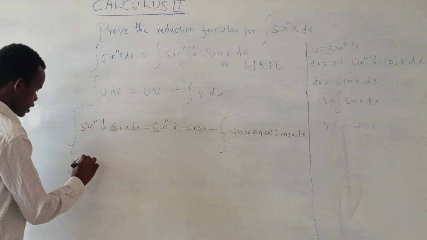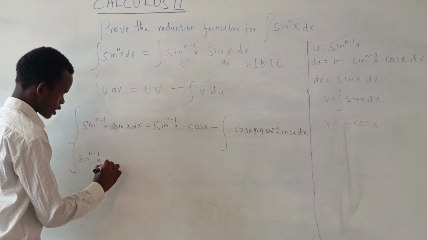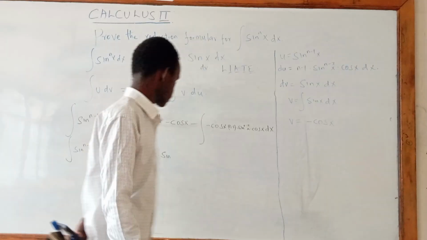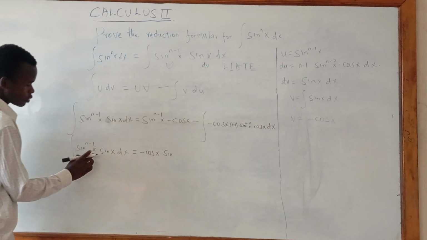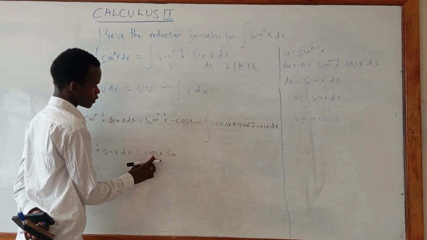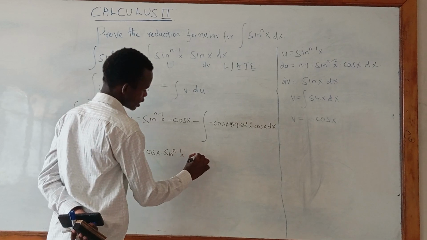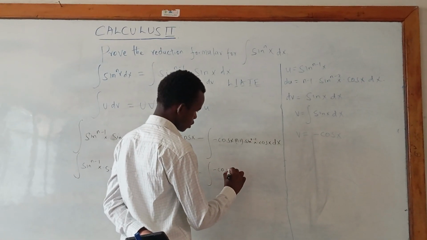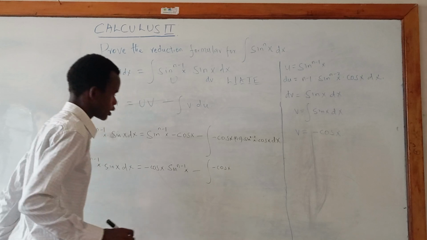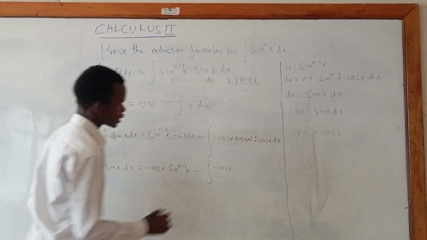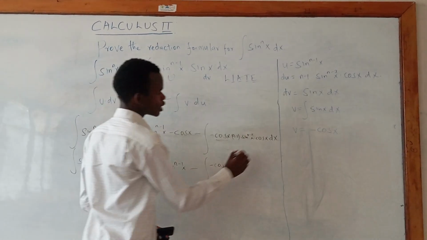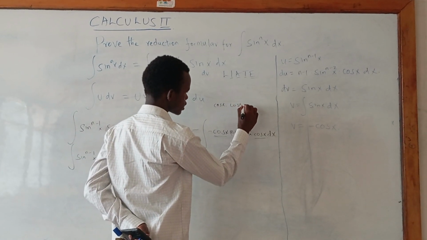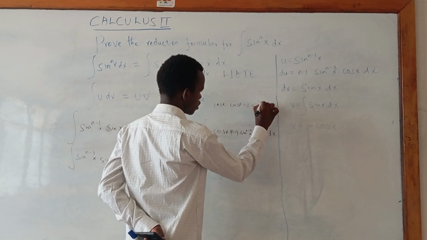The next step is to split the integral into 2. So we write the integral of sine to the n minus 1 of x multiplied by sine of x dx equals negative cos of x multiplied by sine to the n minus 1 of x, minus the integral of negative cos of x multiplied by cos of x, which is the same as cos squared of x.